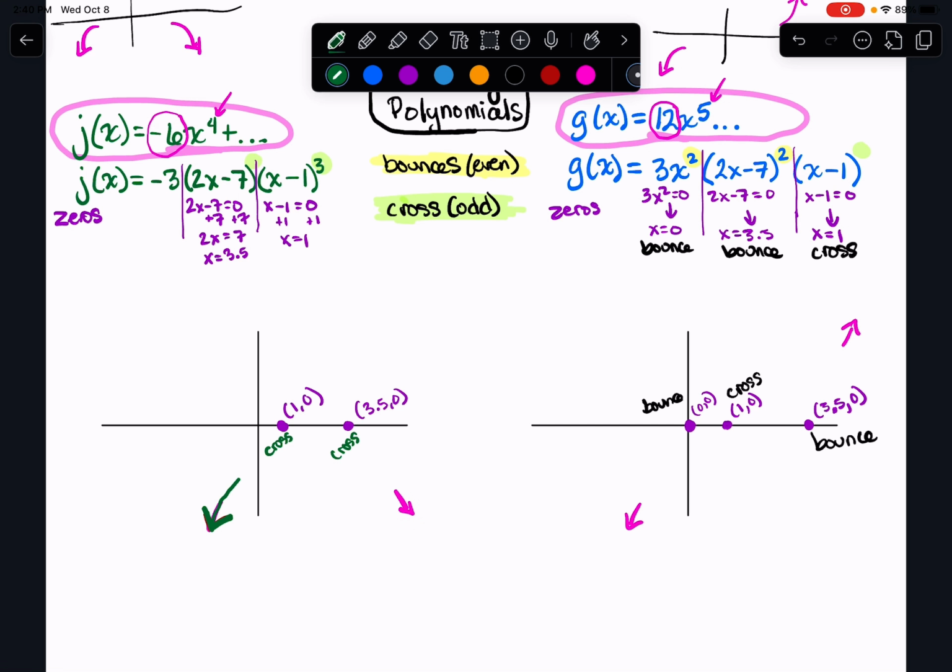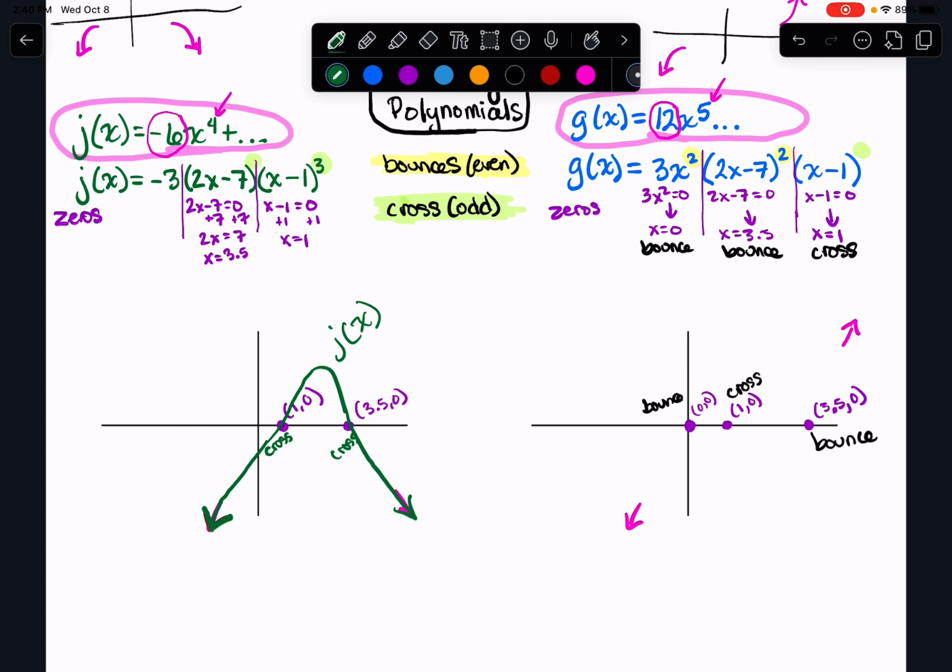I'm going to travel towards my first x-intercept, and then it's telling me that this is a cross, so I'm going to go across the x-axis. I'm going to keep going. Then I'm going to turn around up here because I need to return to my next x-intercept. As I approach it, it tells me this is another cross, so I'm going to cross and reach my other end behavior, and now I have sketched j of x.